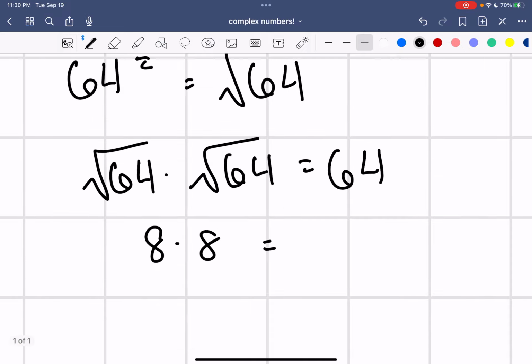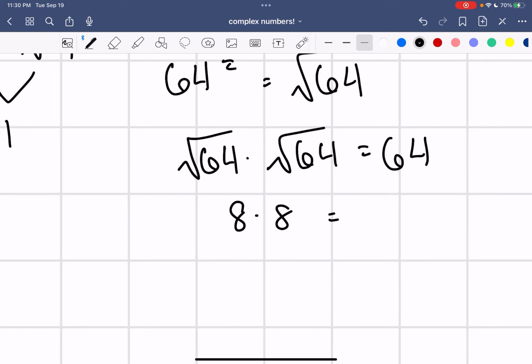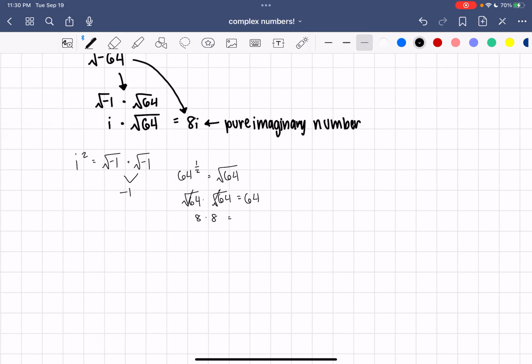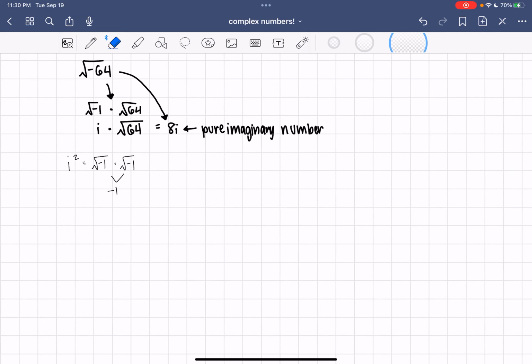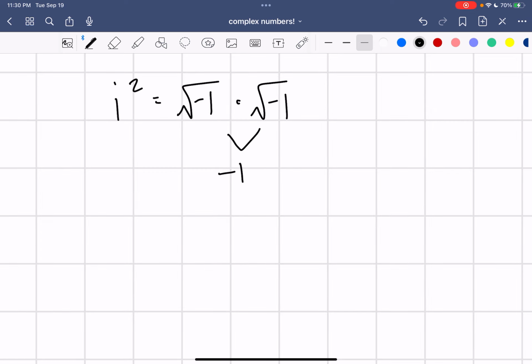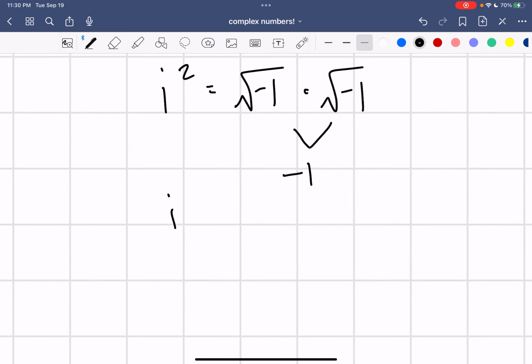And we learned that when you multiply numbers that have the radical and the same number under it, it gets rid of the radical. So that means that i squared is equal to -1.